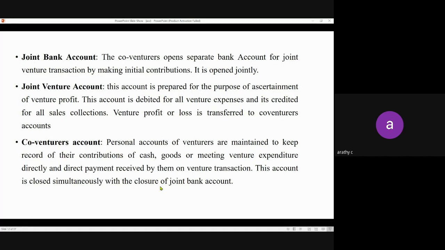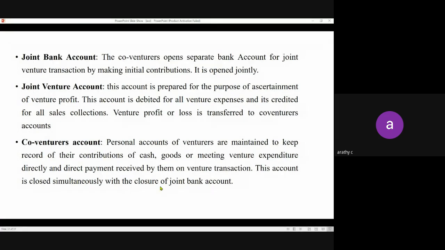And the last account is co-venturers account. It is the personal account of venturers, maintained to keep record of their contributions of cash, goods, or meeting venture expenditure. It is used to record their contributions of cash, goods, etc. The venture's profit or loss is also transferred to this co-venturers account.